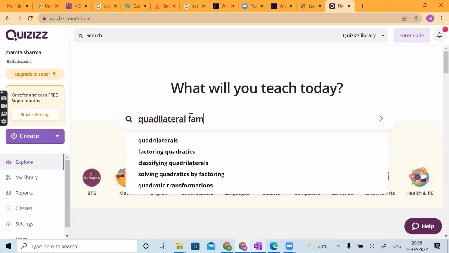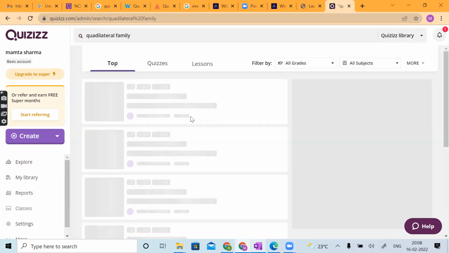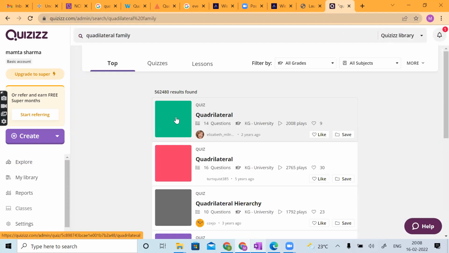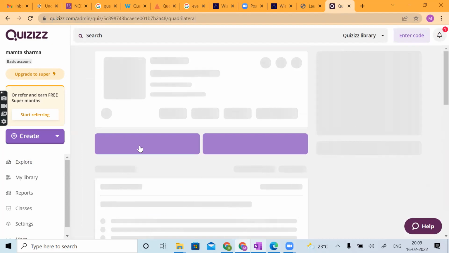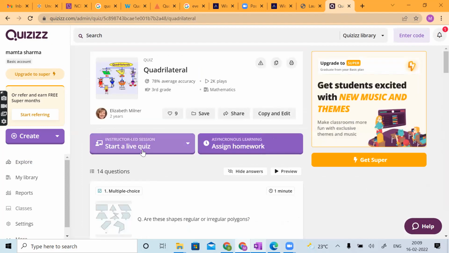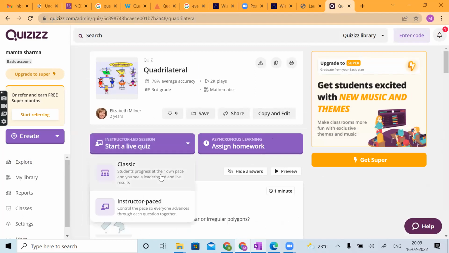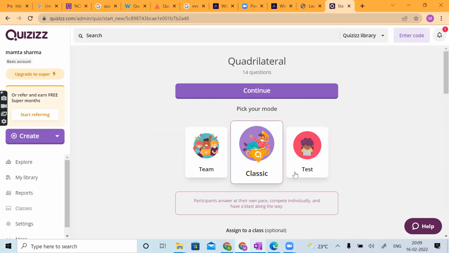Quadrilateral family. 14 questions are there. Okay. So, started live quiz. Classical or instructor based? Classical. Team or Classical, ma'am? Classical. Wait.